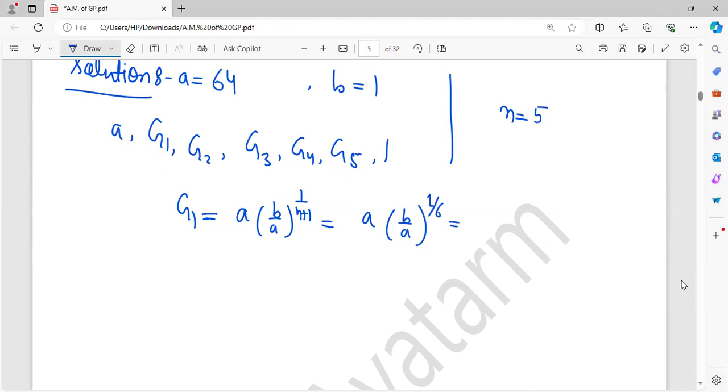A is 64 and B upon A is 1 upon 64, to the power 1 by 6.